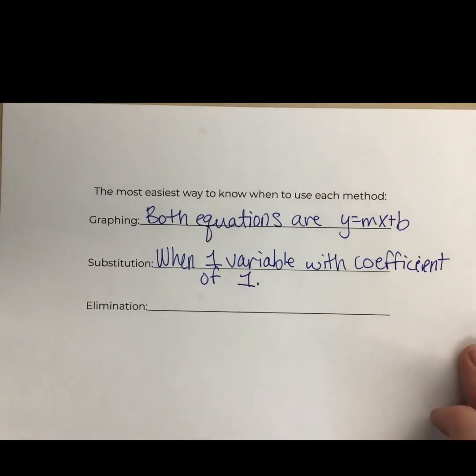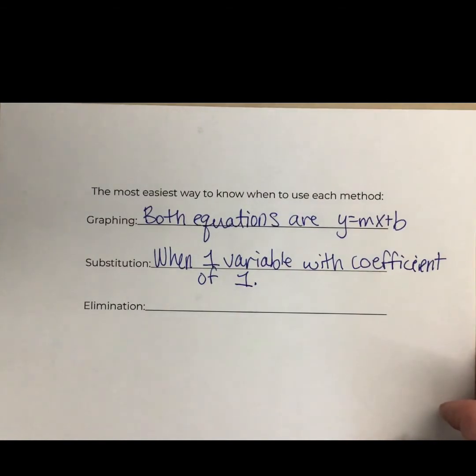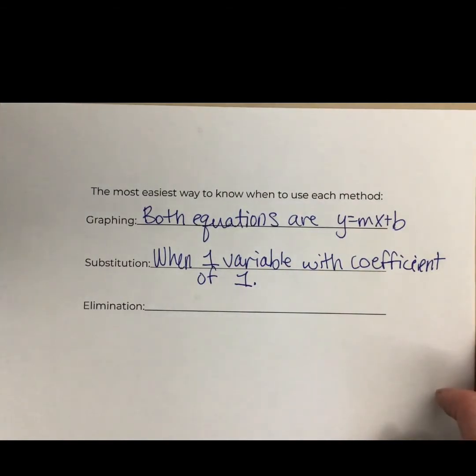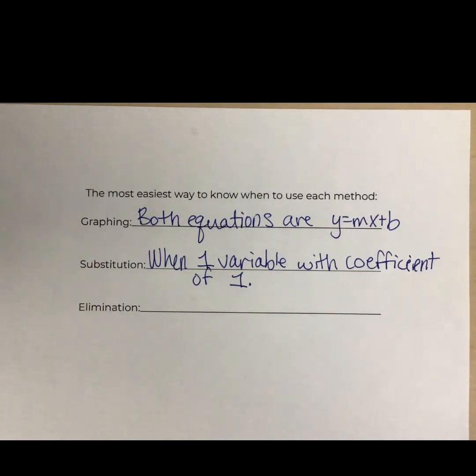Everything else was a whole number. And that's easiest to do because the substitution method wants you to isolate or solve for one of the variables. And if one of them is already just a coefficient of 1, all we have to do is make it so that that variable is on its own for our equations.